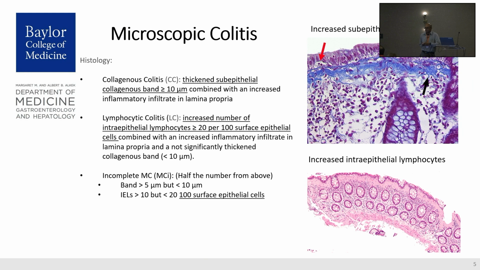There is also a subtype called incomplete, when you cannot meet those numbers. So it's essentially half of the numbers: a collagen band of 5 microns but less than 10, or intraepithelial lymphocytes of more than 10 but less than 20. That's called incomplete MC.